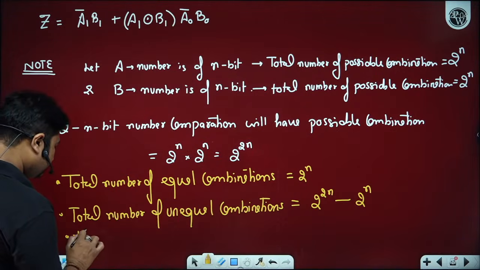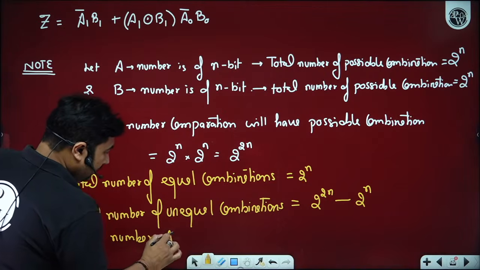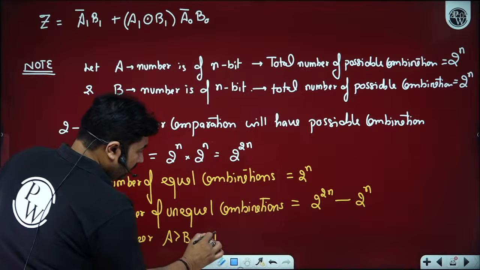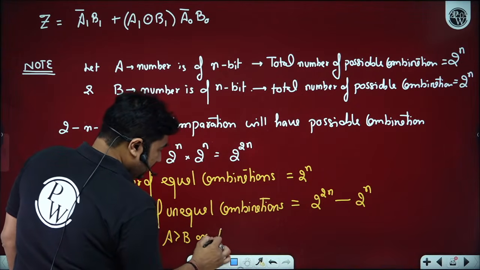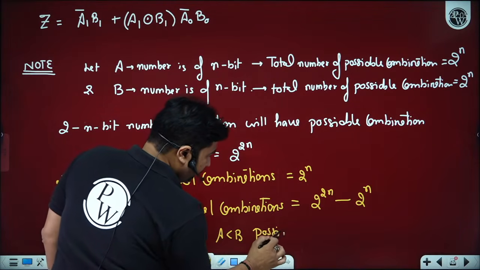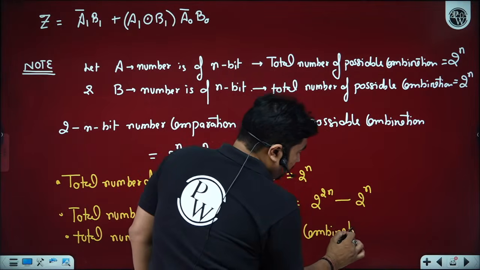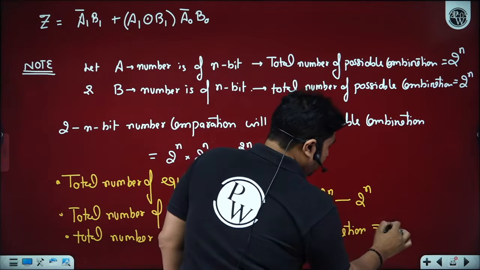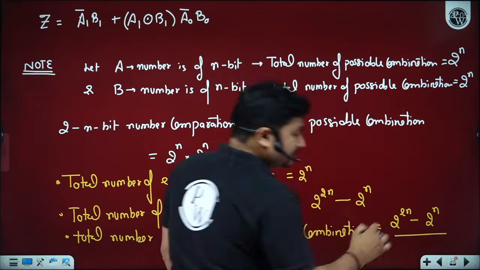So the total number of combinations where A is greater than B or B is greater than A, this is the total number of unequal combinations.